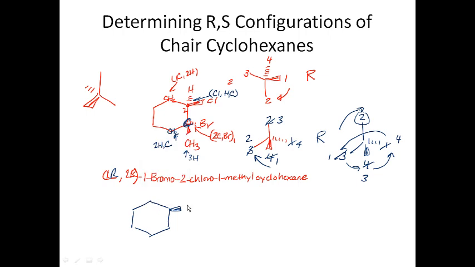Say I wrote the molecule this way, and I said, okay, what are the configurations of carbons 1 and 3 of 1-chloro-3-methyl cyclohexane, the way I've drawn it. Now, when you see this, what you have to do is put in the 4th groups for each of the chiral carbons.